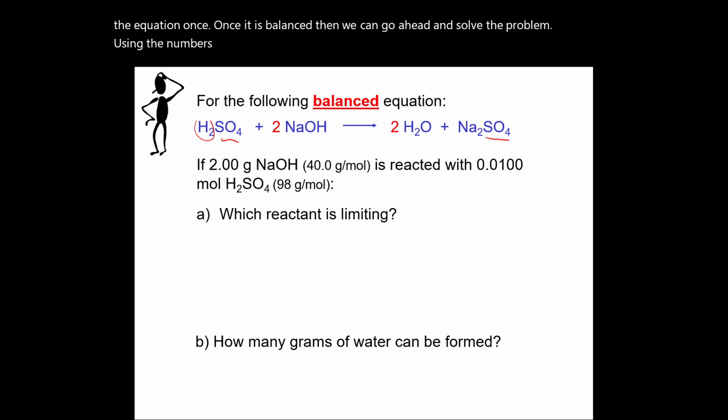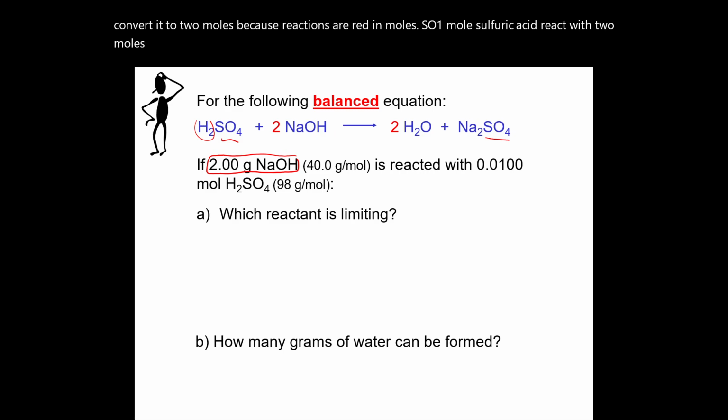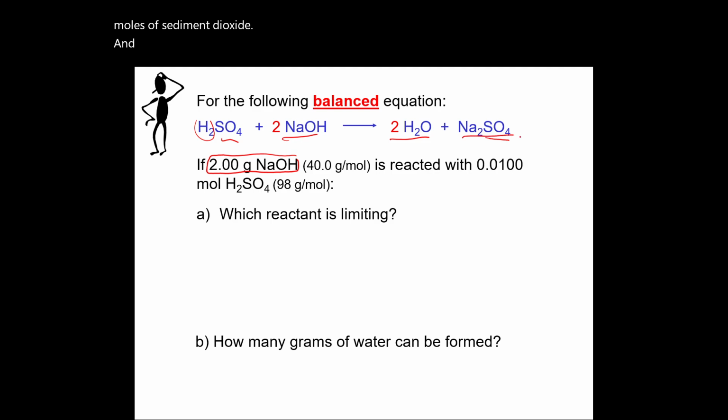Once it is balanced, then we can go ahead and solve the problem using the numbers. So 2 grams of sodium hydroxide, again, when it is given in grams, we have to convert it to moles because reactions are read in moles. So 1 mole sulfuric acid reacts with 2 moles of sodium hydroxide and forms 2 moles of water and 1 mole sodium sulfate. The molar masses are given.